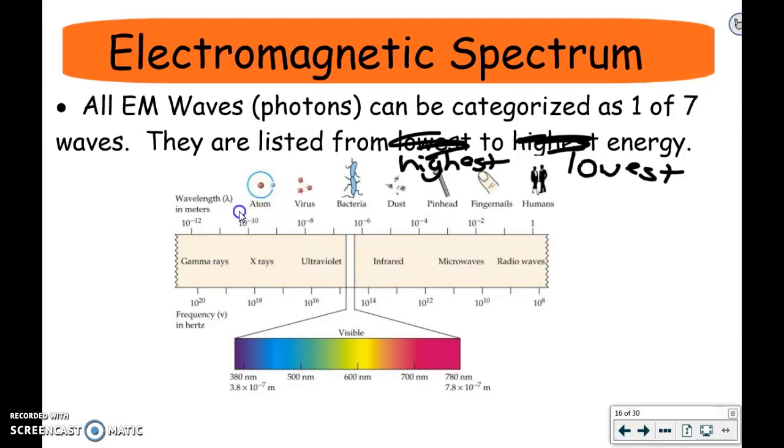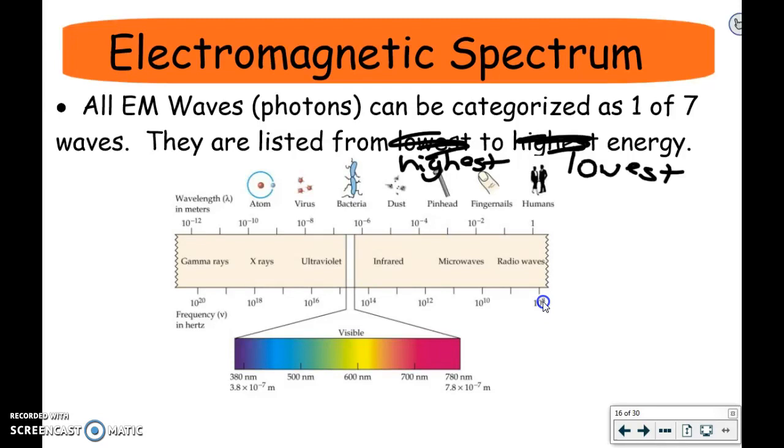Okay? So notice here, when it comes to energy, as the wavelength gets bigger, the energy gets lower. And here we also have the frequency. Notice the exponents here. Gamma rays have a frequency in the 10 to the 20 hertz region. Radio waves have frequencies in the 10 to the 8 hertz region.